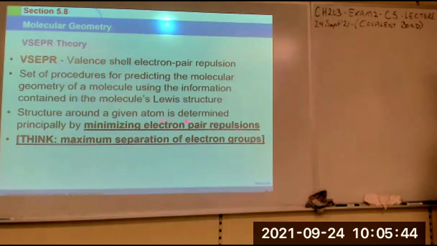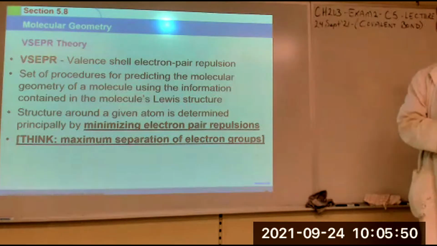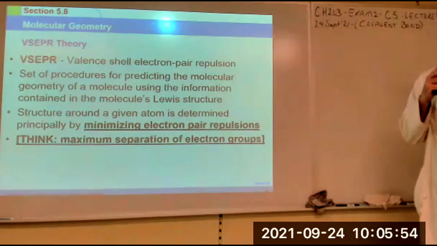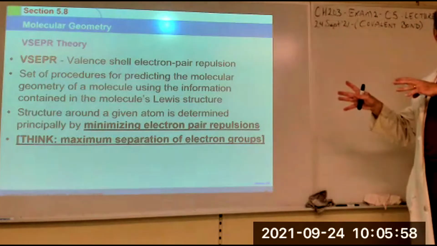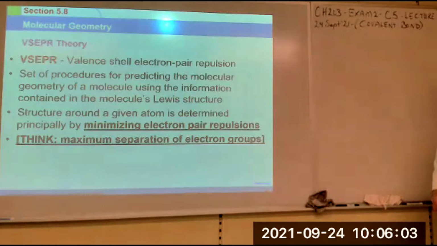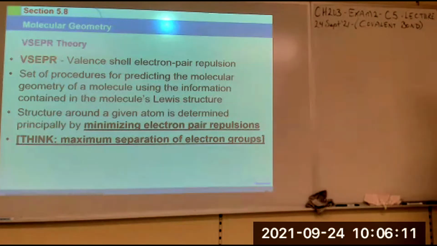Minimize the repulsions. Now these electron pairs, they can be lone pairs, and they can be bonding pairs. They're treated the same way for deriving 3-dimensional structures. And the starting point is the Lewis dot structure. Draw the Lewis dot structure first, and then you look at what does that give you. And I'm going to explain that right now.